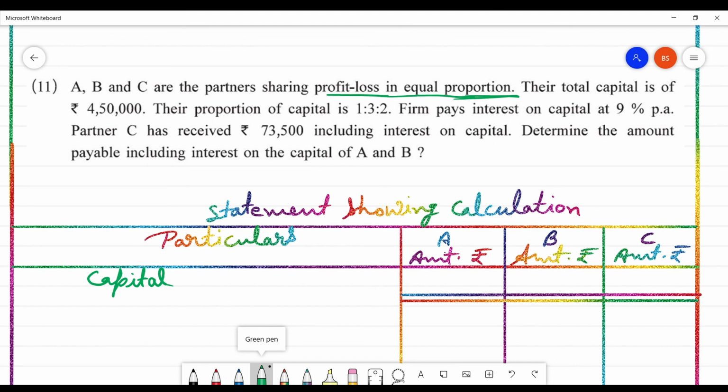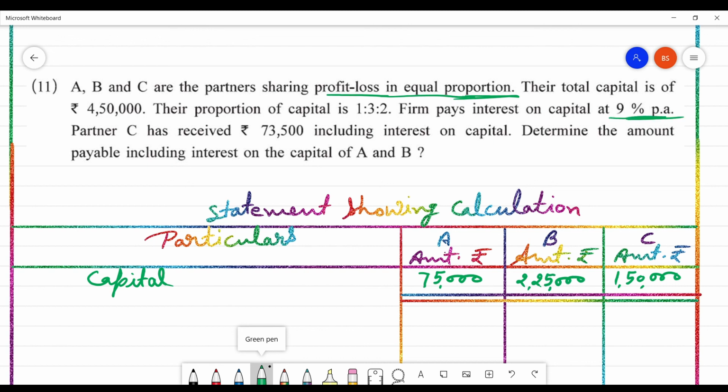4,50,000 divided by 6. So A's capital is 75,000, B's capital is 2,25,000 and C's capital is 1,50,000. We have put a double line. This means it is not included in the total. Firm pays interest on capital at 9% per annum.